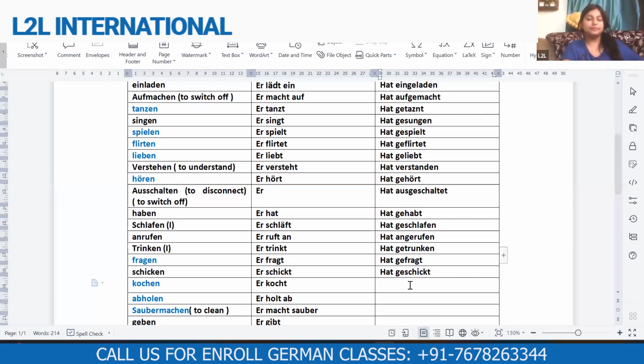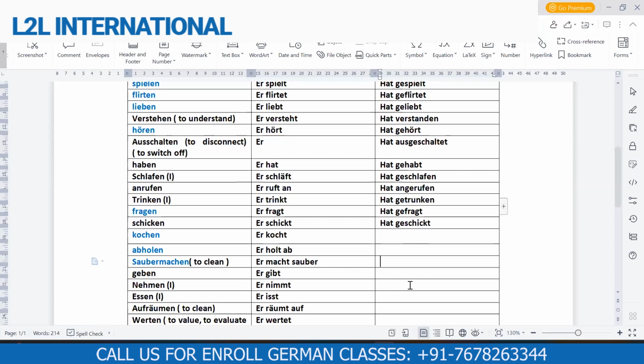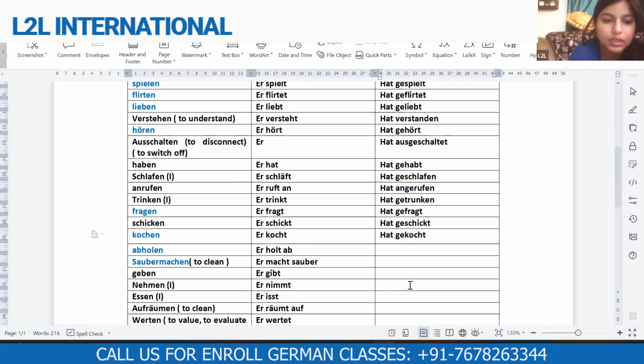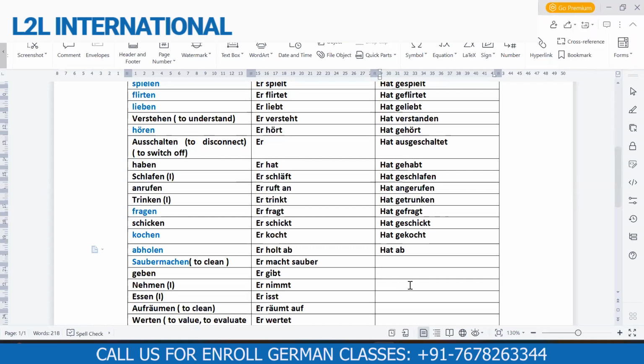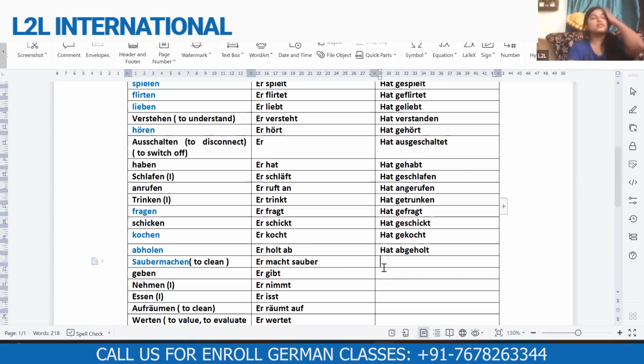Kochen, Revati. Hat gekocht. Very good. Abholen, Samriddhi. Hat abgeholt. Richtig. Sauber machen, Sana.